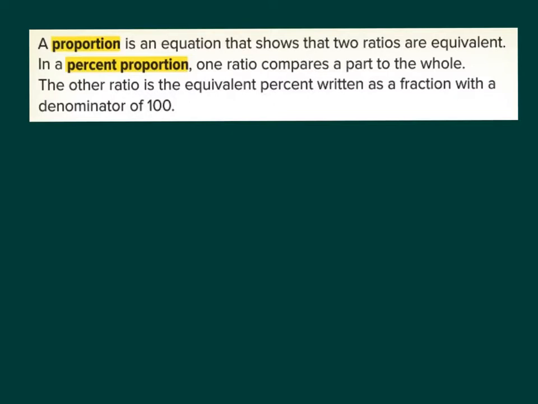What we're going to look at today is some examples where we are actually looking at the opposite of this, and we are going to look at a number being a percent of an unknown. So for example, 6 is 12% of what number?